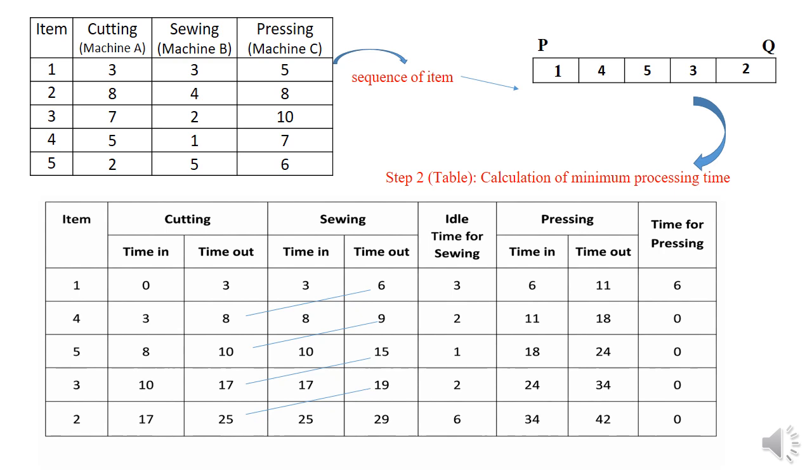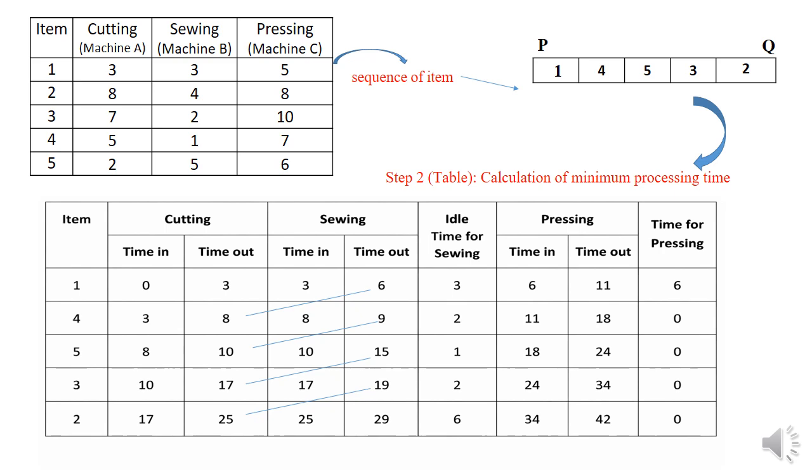Now the last item, item 2. The time in of item 2 in cutting machine is 17, because machine A or cutting machine was free in 17 hours. Time out of cutting machine or machine A is 25, that means time in plus processing time of item 2 in cutting machine.